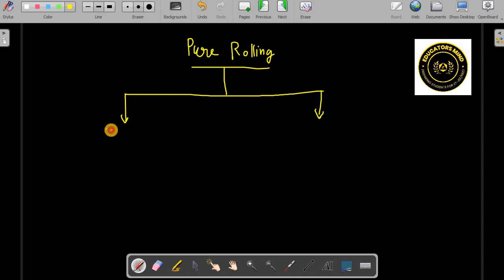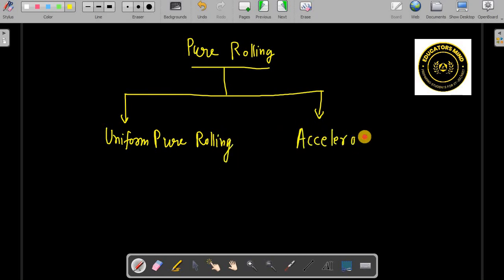One is uniform pure rolling, another is accelerated pure rolling. Okay, so let's discuss uniform pure rolling.